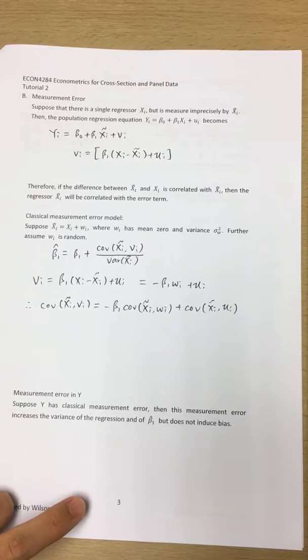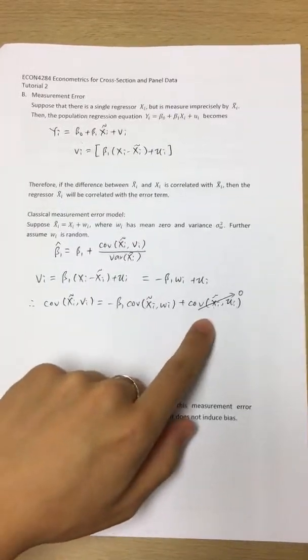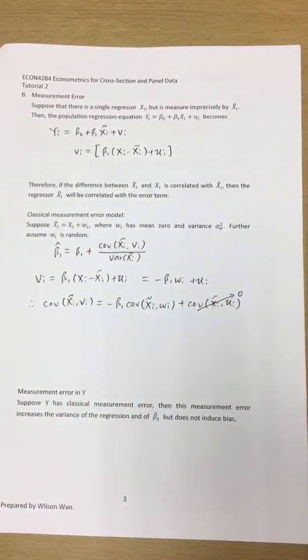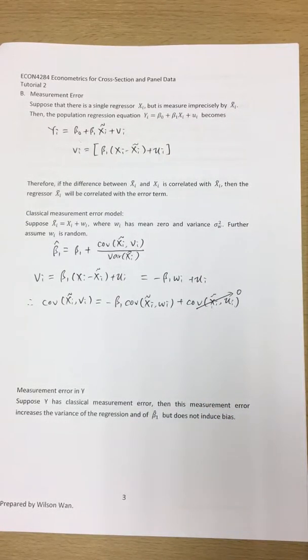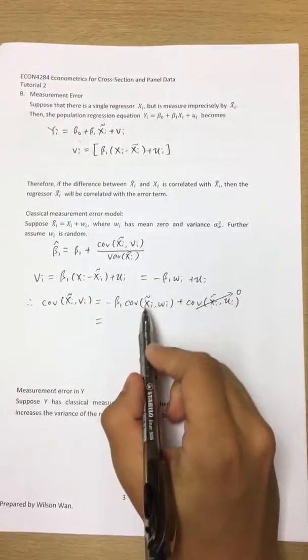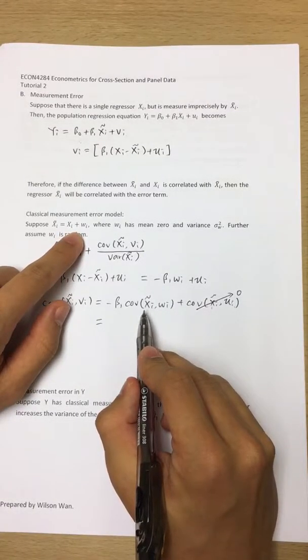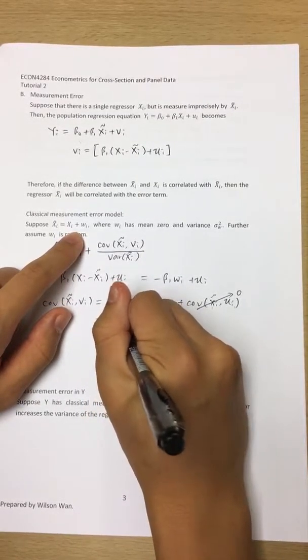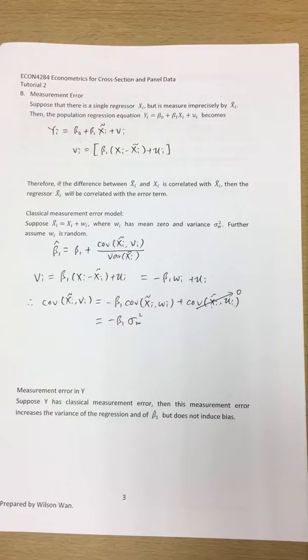Since we assume xi and ui are uncorrelated, xi tilde and ui are also uncorrelated, because xi tilde is a function of xi. And what is xi tilde? Xi tilde is xi plus wi. Therefore, the covariance would just be equal to negative beta 1 times the variance of w, as xi and w are not related.